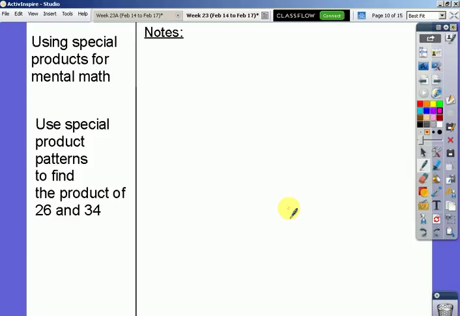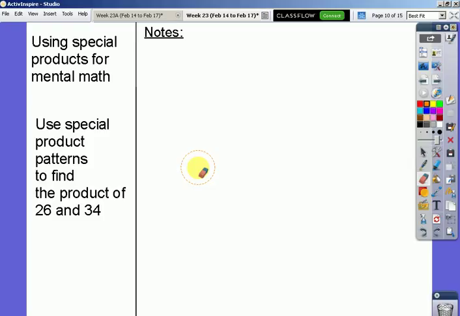It turns out that back in grade school when we did this, we multiplied 6 times 4, 2 times 8, added to 0. Remember all that? You don't have to do that. You can actually use those patterns that we just looked at by thinking of 34 and 26 in a different way. And what you want to do is think of them in terms of 30.